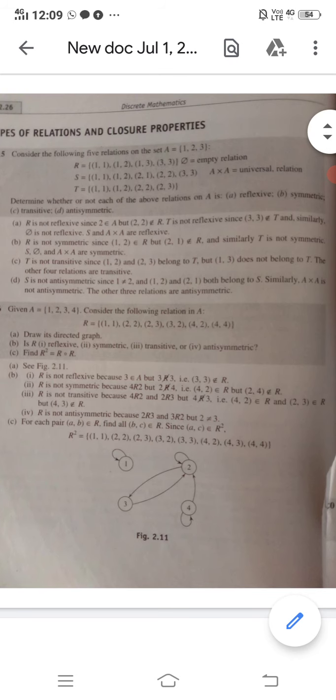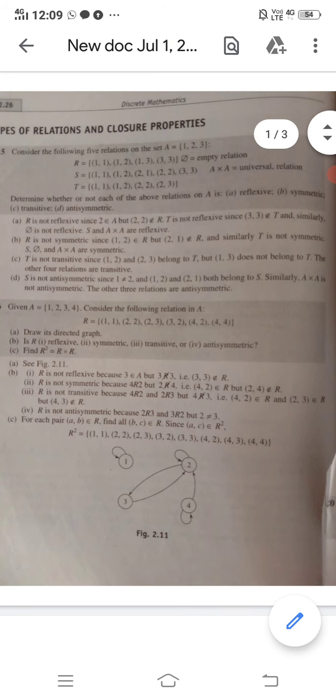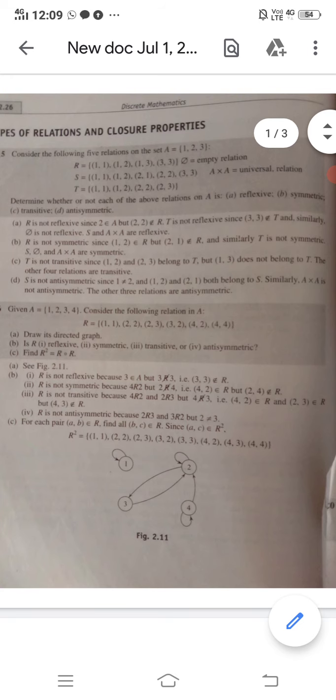So R is not reflexive, not symmetric, not transitive. Let's check antisymmetric. The condition of antisymmetric is if (a, b) and (b, a) both are here, then a is equal to b should be there. So let's check.